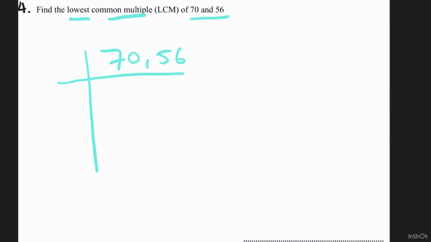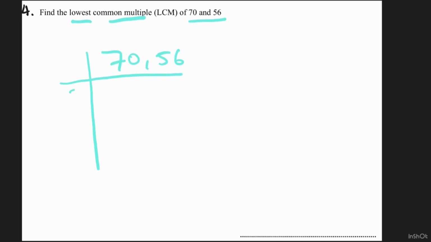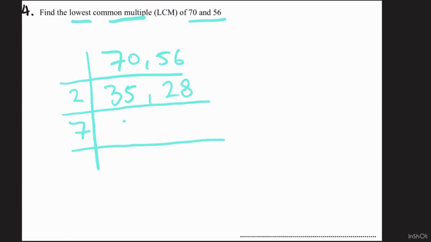Because they're both even, you can divide by 2, which gets you 35 and 28. Now, can 35 and 28 be divided further? Yes, they can be divided by 7, and that gets us 5 and 4. Because 5 is a prime number, we have to now stop.